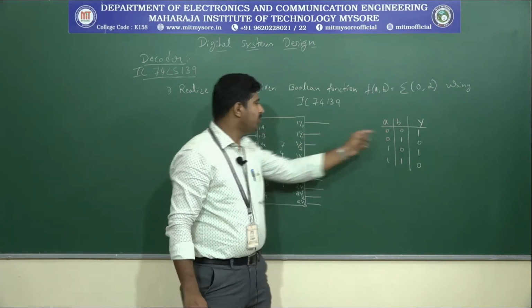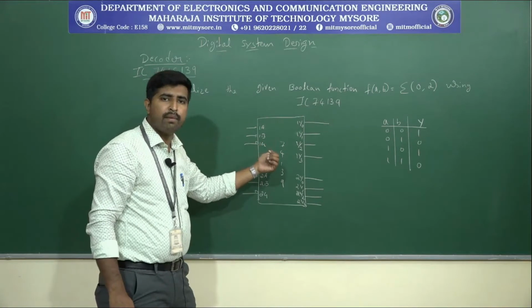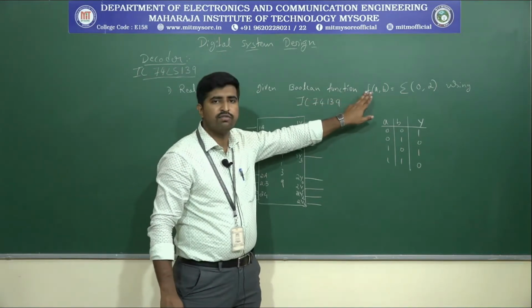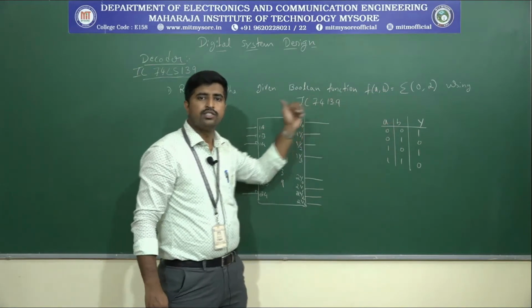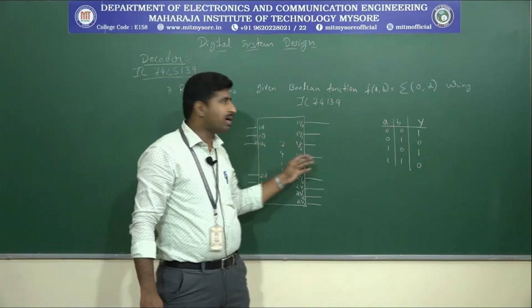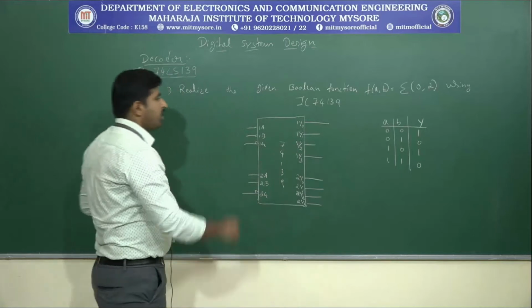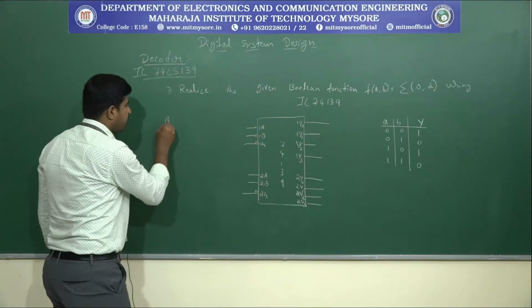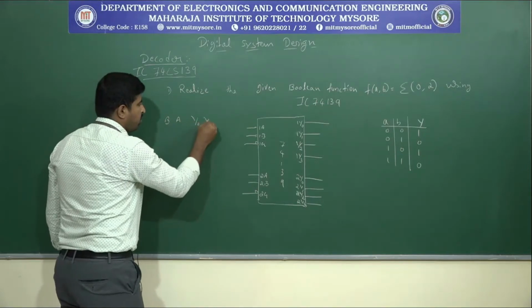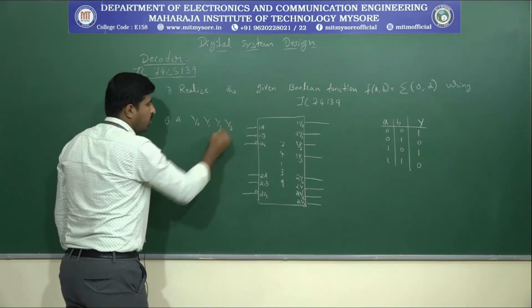Now we need to implement this so that the IC will work as this function. That means this 2:4 decoder is going to work as this. Now if you compare with the truth table of our 74139, what we have written, B A, Y0, Y1, Y2, Y3.